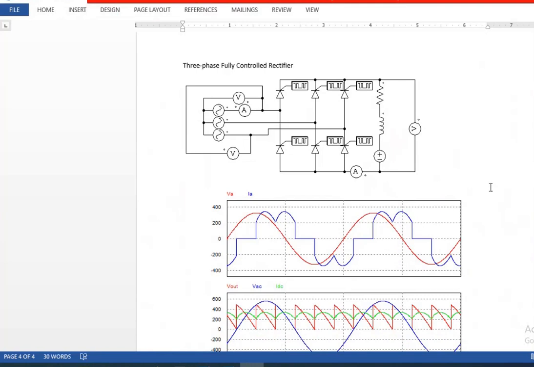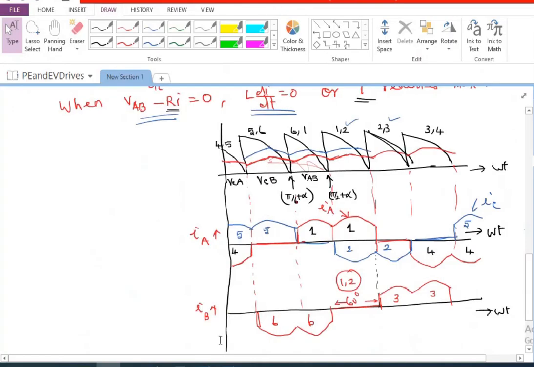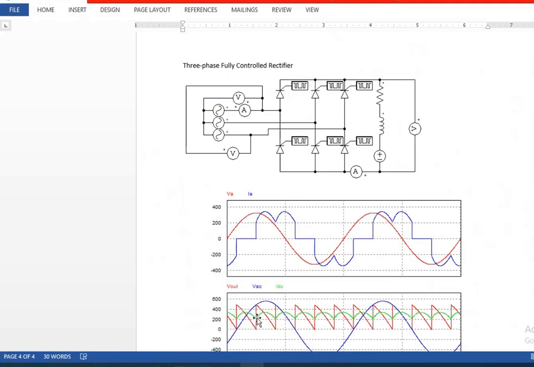Three-phase fully controlled converter simulation I am showing here. So you can very well see that the waveform we have taken is very similar to what I had drawn even here. So this is 60-degree firing angle. The same thing holds good here also. It is 60-degree firing angle.